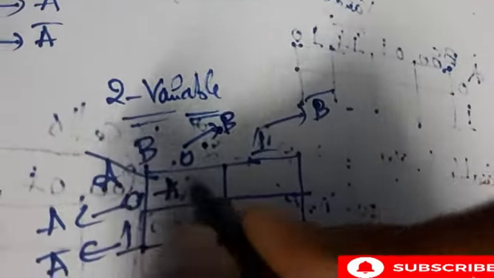In SOP form, you already know that 0, 0 means A into B. We write A into B in the SOP form. But in the POS form, 0, 0 means A plus B.